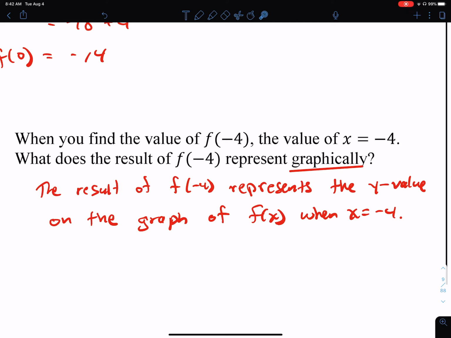Look how thorough this is. We restated the question. The result of f of negative 4 represents, we included graphically here, so here's the answer: the y value, and it's specific which graph, the graph of f of x, that needs to be included, and when is this happening? It's happening when x equals negative 4. This is an all-encompassing answer.